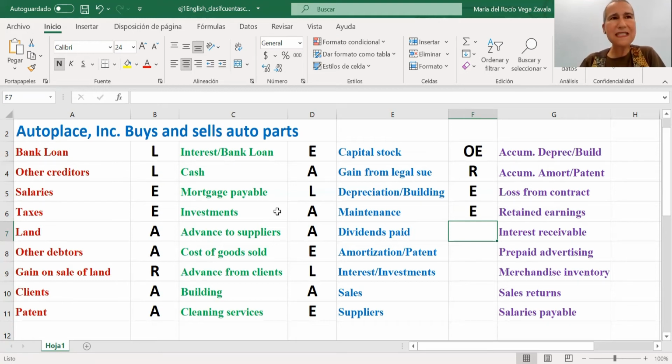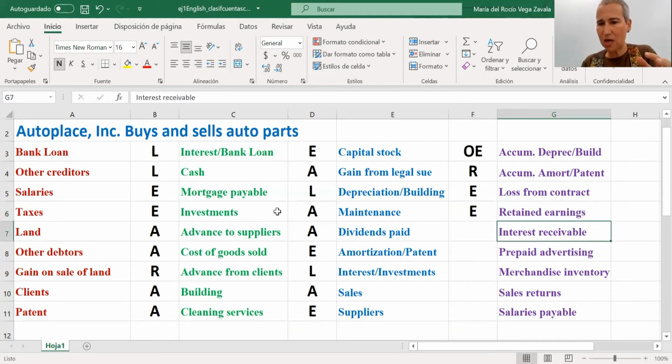Dividends paid, it is not an expense. Why? Because dividends paid is a distribution of profits. I'm distributing my profits from retained earnings, from these accumulated earnings that I have. The board of directors of the company decided to distribute these profits among stockholders, and those dividends decrease my retained earnings, and retained earnings belong to owner's equity.